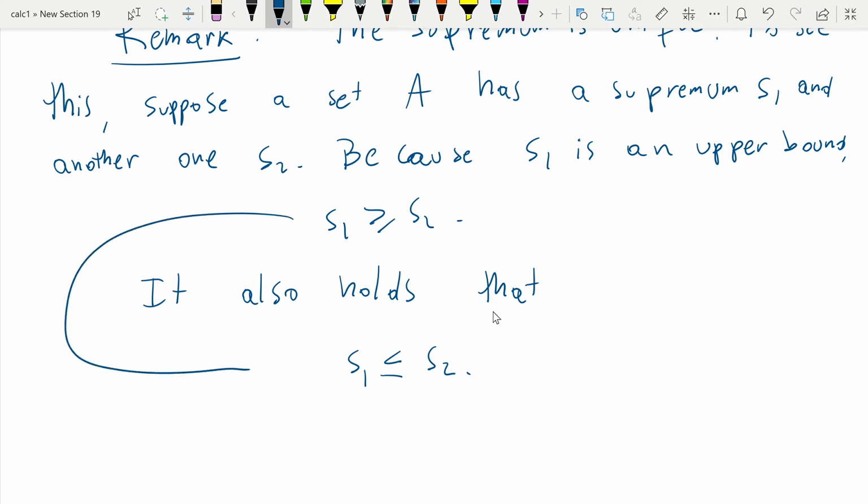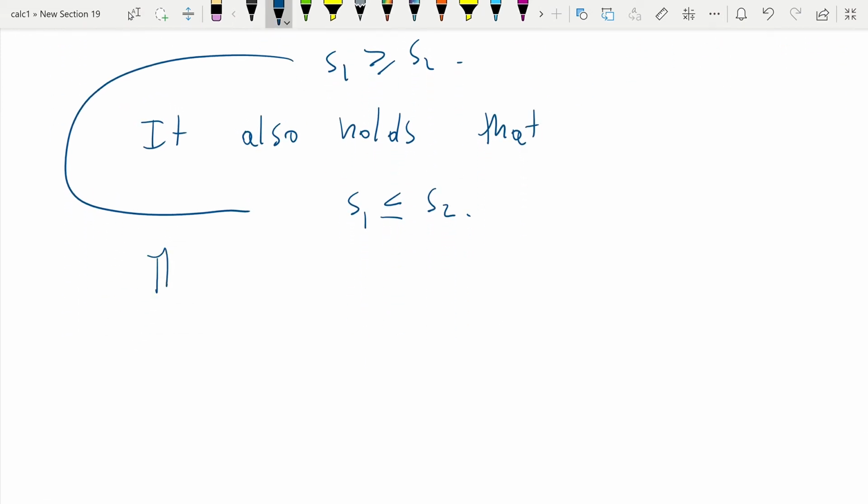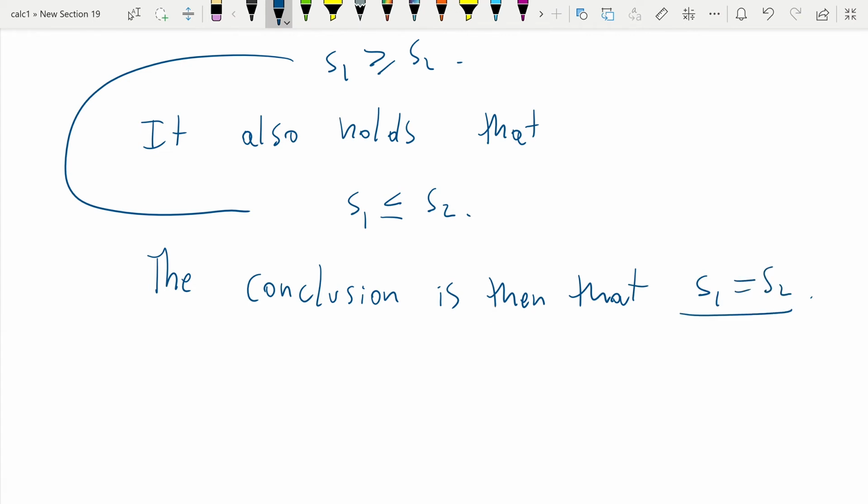These two things put together imply that they are equal. And so, therefore, the supremum is unique.